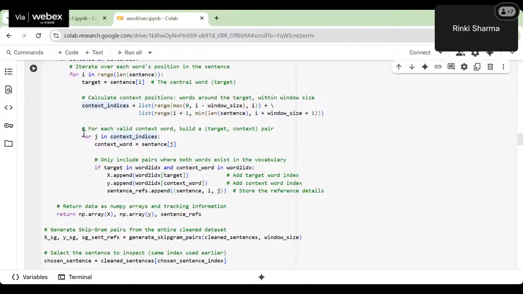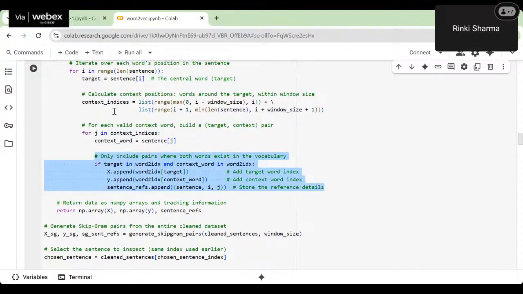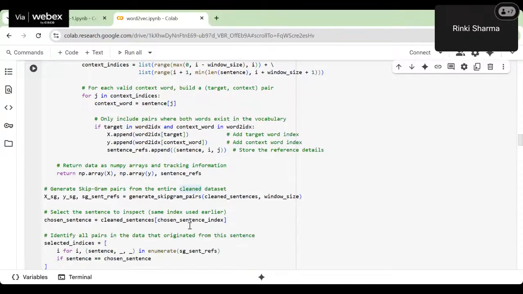So for any sentence we will construct the context and target pair and store them in the lists X and Y. And for every sentence in the data set that we have pre-processed, we have stored our skip-gram generated pairs in the variable X, Y, and the sentence reference.